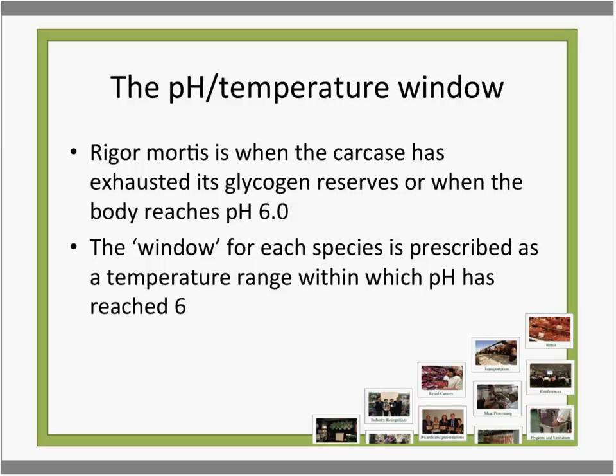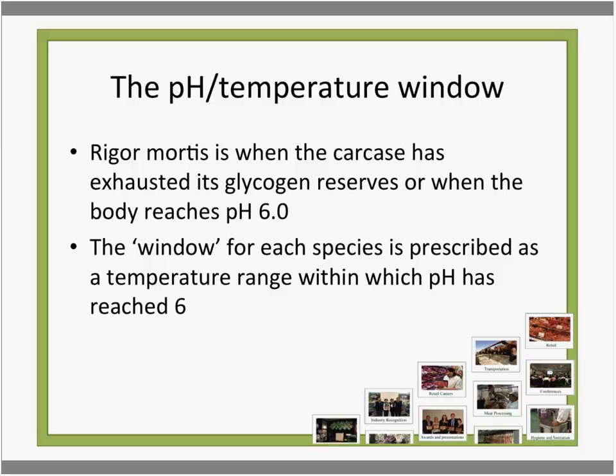So what is the actual pH window? It's at pH 6, which is actually when the animal is hitting rigor mortis.